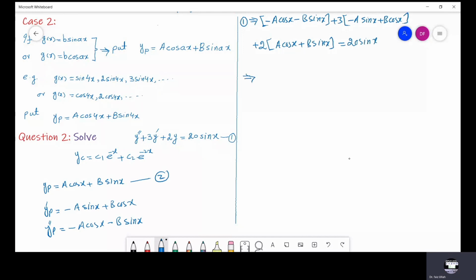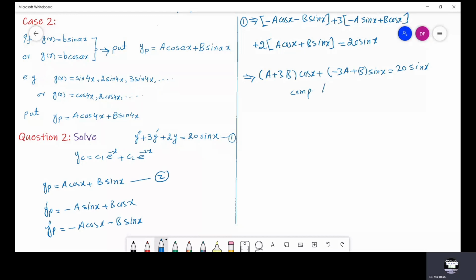Simplifying this equation, we get a plus 3b cos x plus minus 3a plus b sin x is equal to 20 sin x.